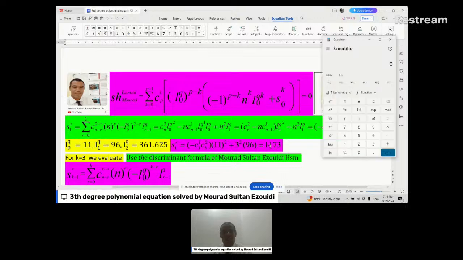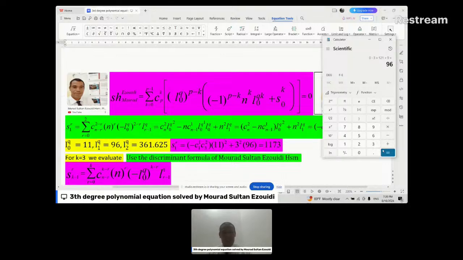I will use the calculator if it is possible. Negative 3 times 11 squared is negative 363. Okay. Then plus 27, plus 9 times 96.